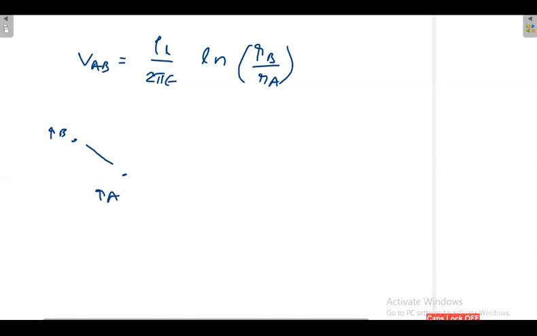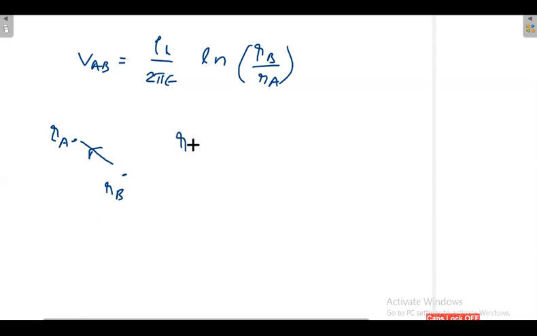I was moving from A to B. This is RA, this is RB.